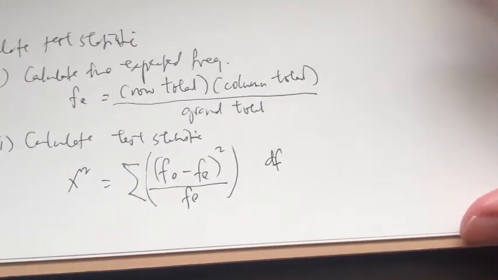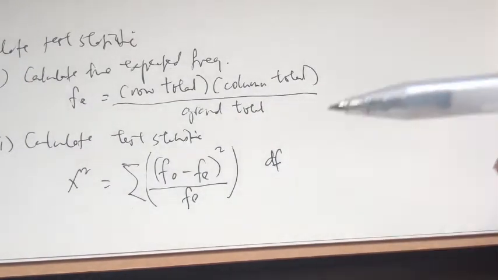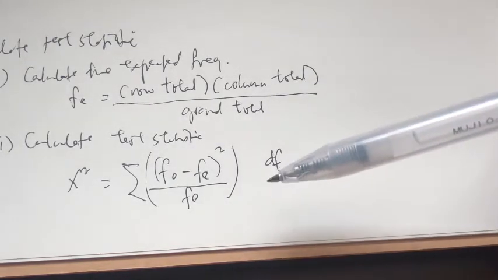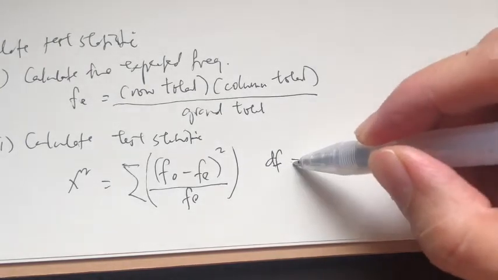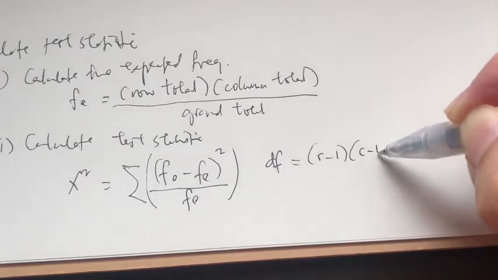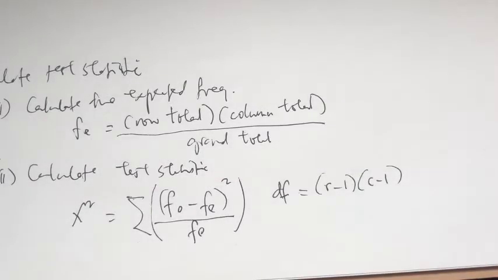Now recall, in the goodness of fit test, the degrees of freedom was k minus 1, where k is the number of categories. However, for the test of association, your degrees of freedom is the total number of rows minus 1 multiplied with the total number of columns minus 1. And then step 4 involves the formulation of your decision rule, as well as steps 5 and 6, where we make our conclusion and decision.